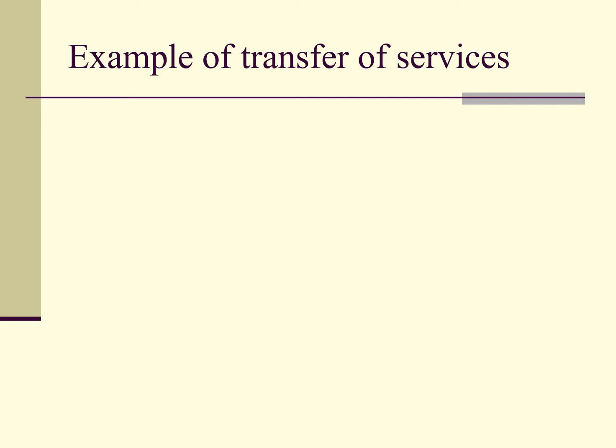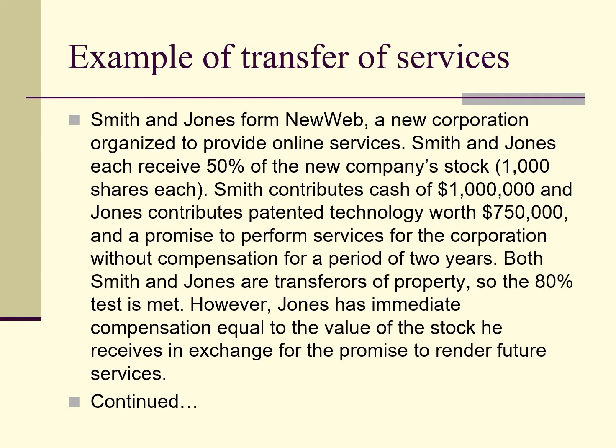Here's an example of the issues that arise as a result of a transfer of services. Smith & Jones form NewWeb, a new corporation organized to provide online services. Smith & Jones each receive 50% of the new company's stock, 1,000 shares each.